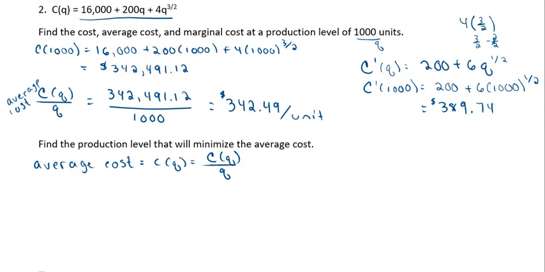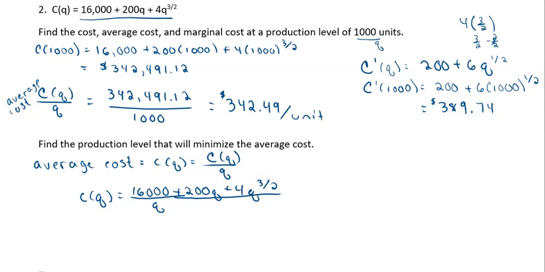Well, we are given our cost equation at the top here. So if we want the average cost, then that is big C of Q divided by Q. But we know that big C of Q in this case is 16,000 plus 200Q plus 4Q to the 3 halves.